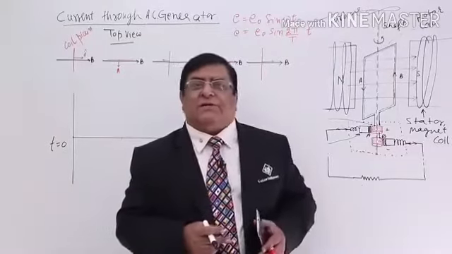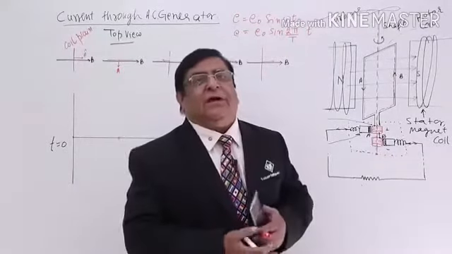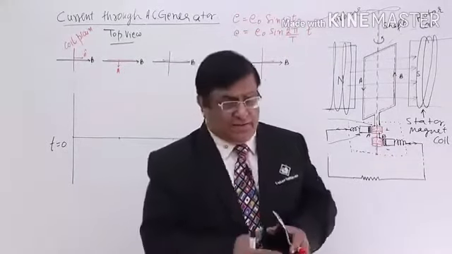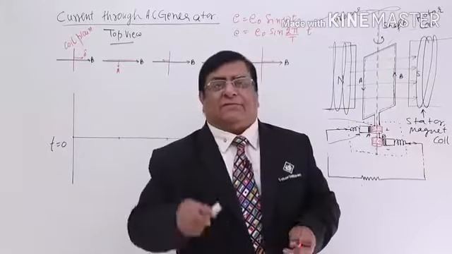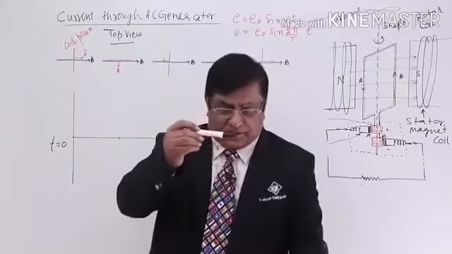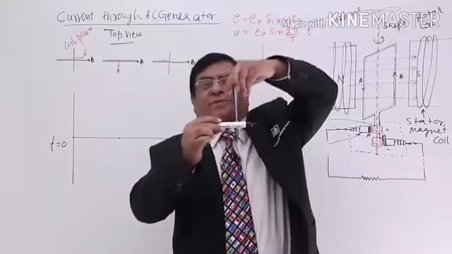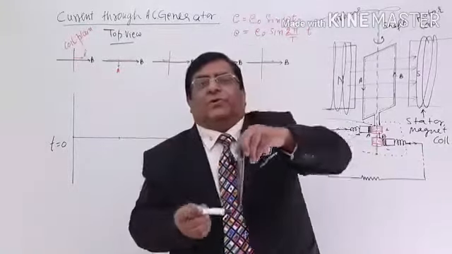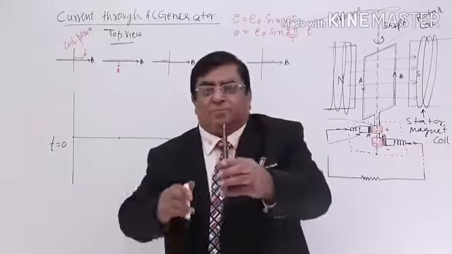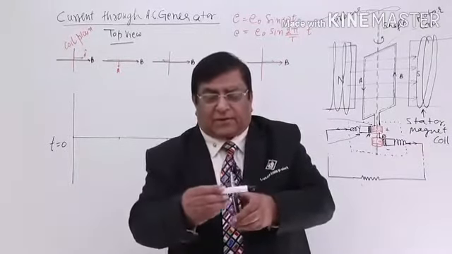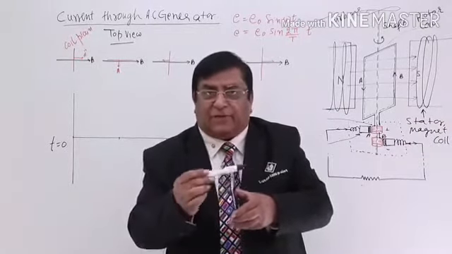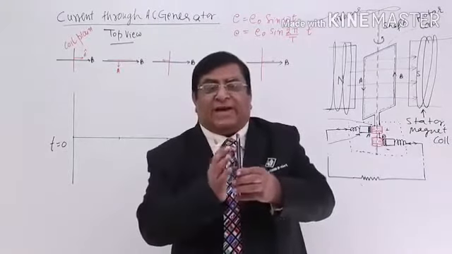So we start the first rotation. For the starting condition, we take the magnetic field in this direction and the coil placed in this direction, this way. When we keep the coil at right angle to the magnetic field, where is the area vector?